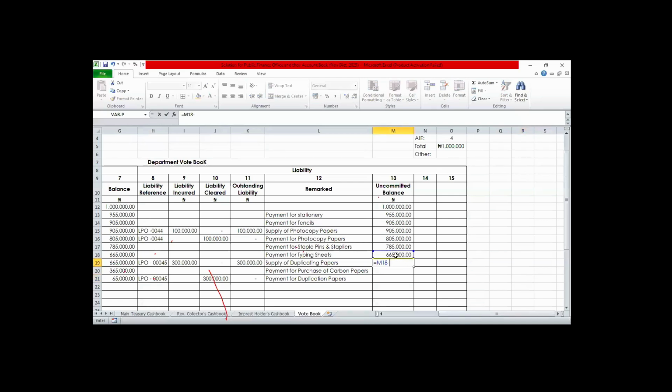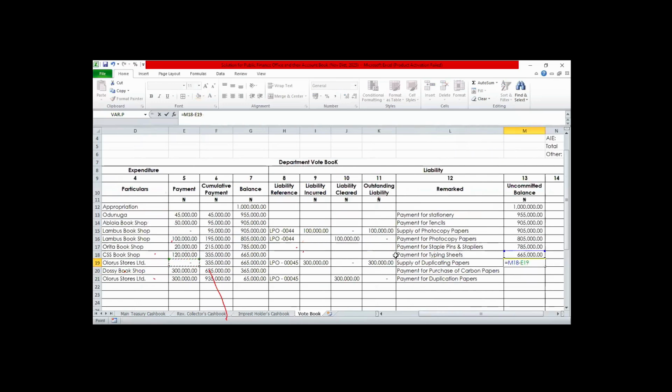Now, what is the payment we did here? Do we make any payment under this place? When we supply, no. That is 0 payment. Then what payment do we do here?